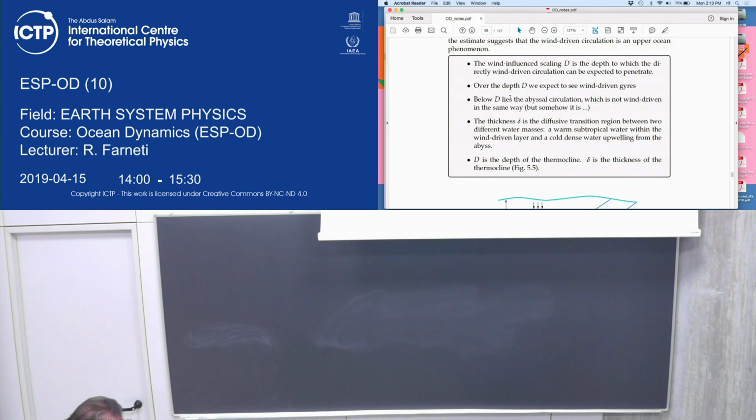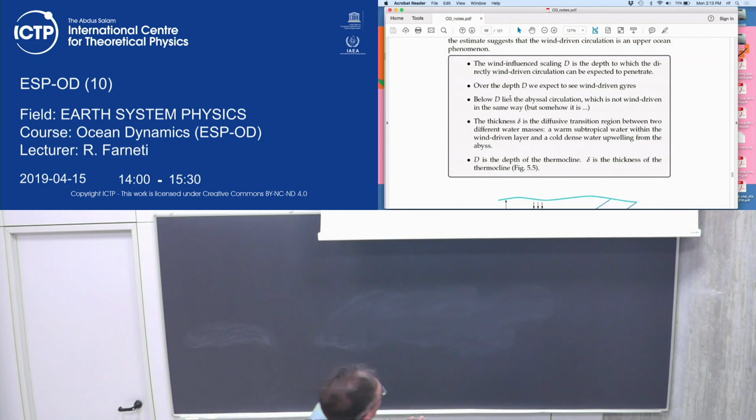And that advection-diffusion scaling gives you the thickness of this region where diffusive processes are important. The advective scaling gives you the penetration of the wind stress, the depth D, and the diffusive process gives you the thickness of the region where diffusivity is important. So the thermocline can be very deep and very thick, or very shallow and very thin, for example. It's two separate things.